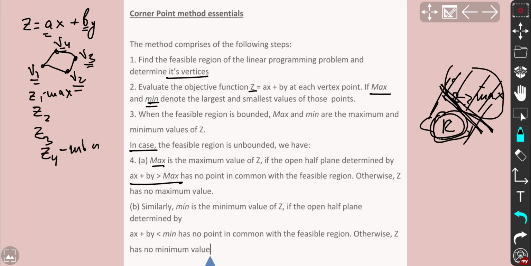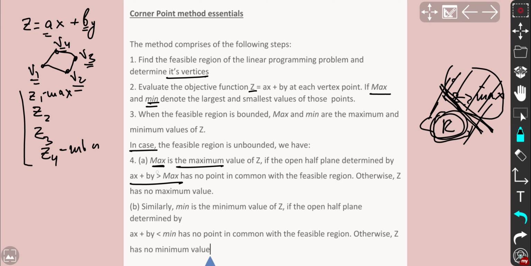In this case, the max value that you calculated at the vertex points is not actually the maximum value for z. But if it doesn't have any common point, except for the only one point that you have on the boundary at the vertex point, then in this case max becomes the maximum value.